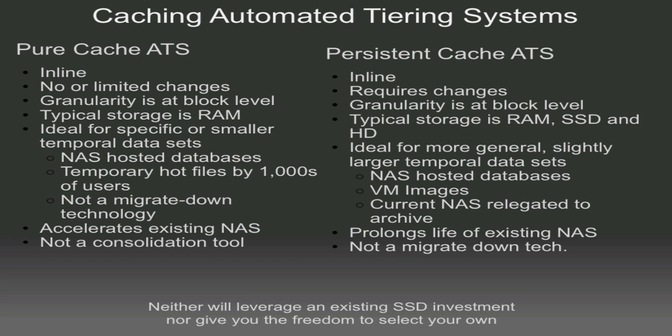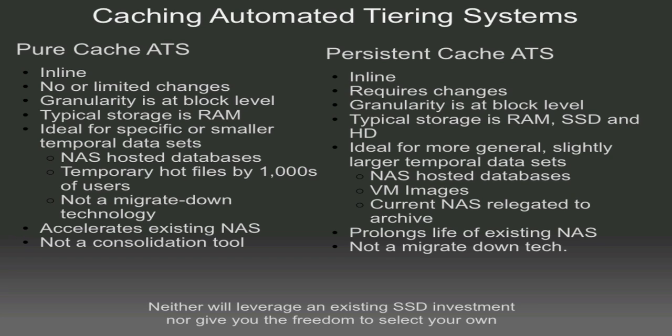The granularity with these things is typically at a block level, but sometimes maybe at a file level. Typically, thus far, the storage of choice inside the cache ATS is RAM, not SSD, not SAS drives or fiber drives or anything in between. You're essentially accelerating and moving up to RAM.